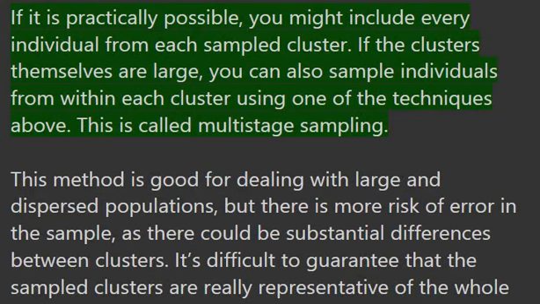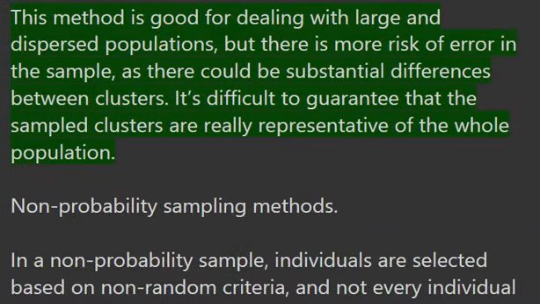If the clusters themselves are large, you can also sample individuals from within each cluster using one of the techniques above. This is called multistage sampling. This method is good for dealing with large and dispersed populations, but there is more risk of error in the sample, as there could be substantial differences between clusters.